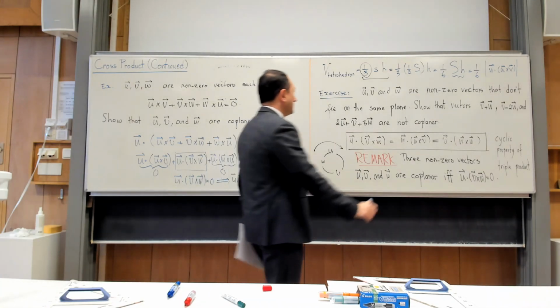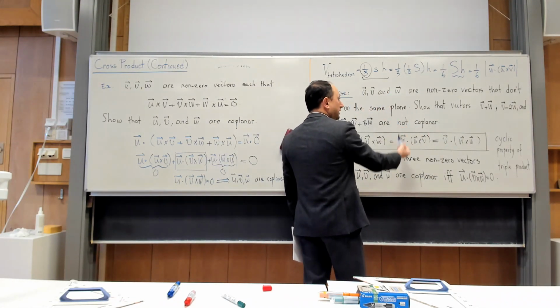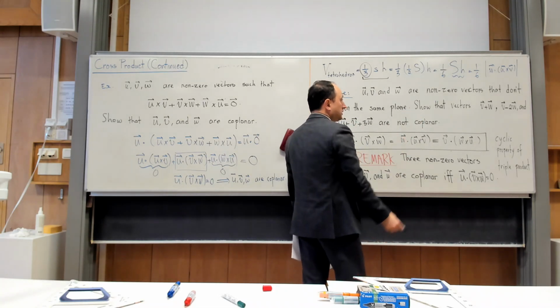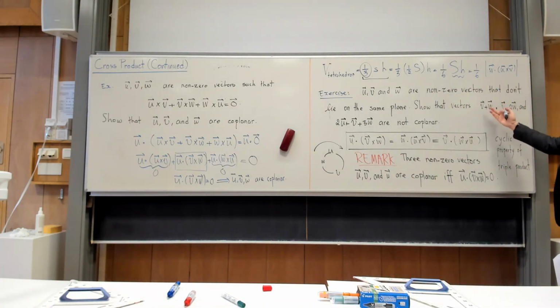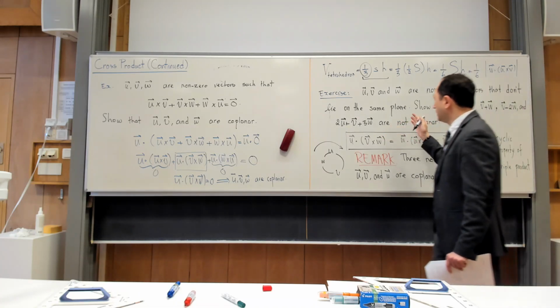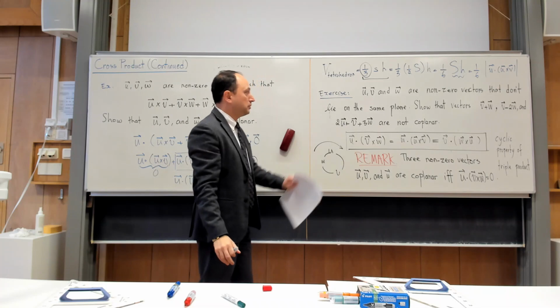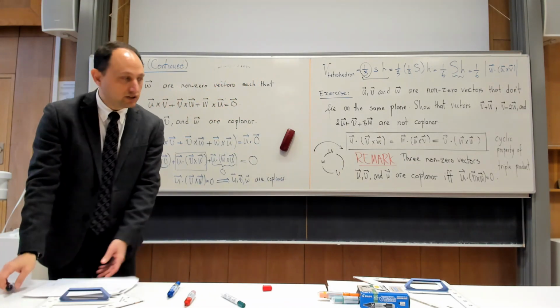So the first 3 vectors that I start with are not coplanar. We make a combination: U and W, V and W are added, this combination and that combination. We want to guarantee that it is not possible for this combination to be coplanar. That's a very easy exercise.